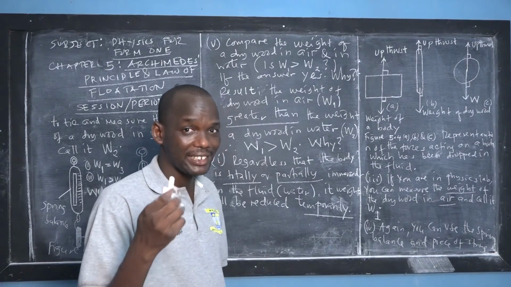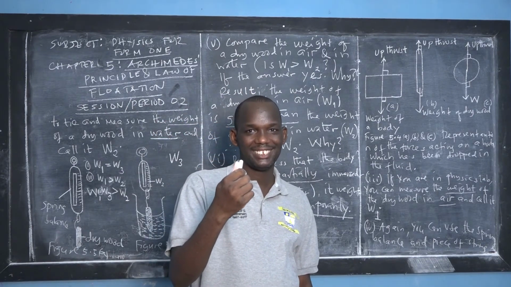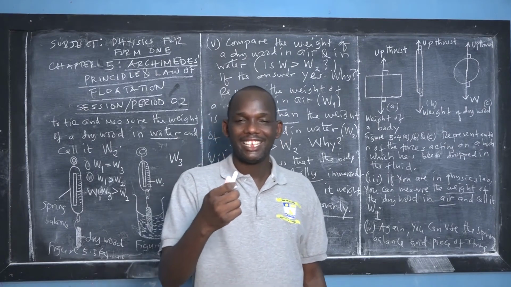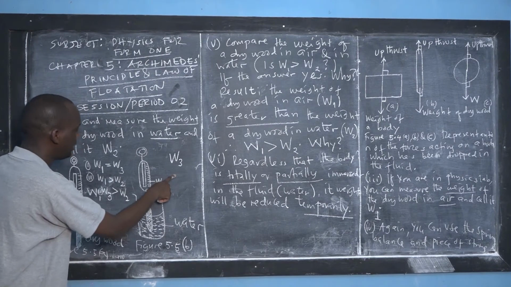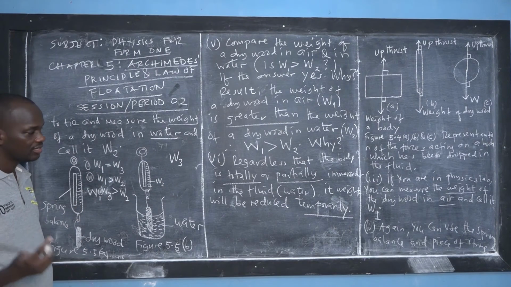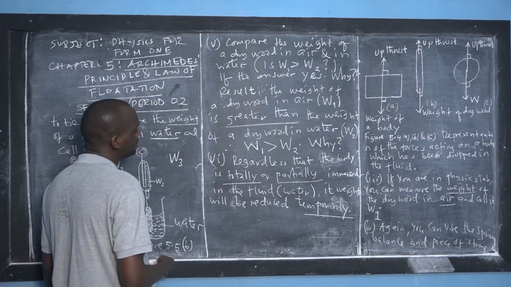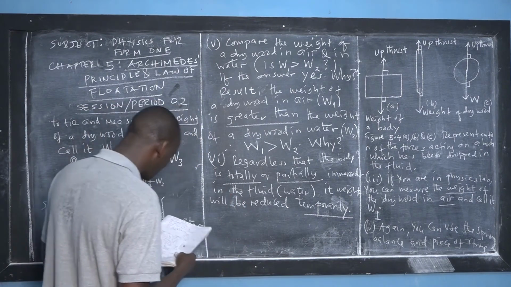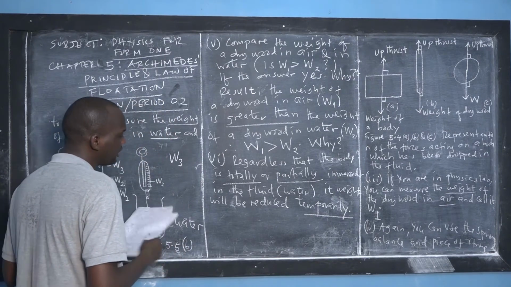Because if it were permanent, it would mean that weight 3 should also be less than weight 1, right? So bear that in your mind.